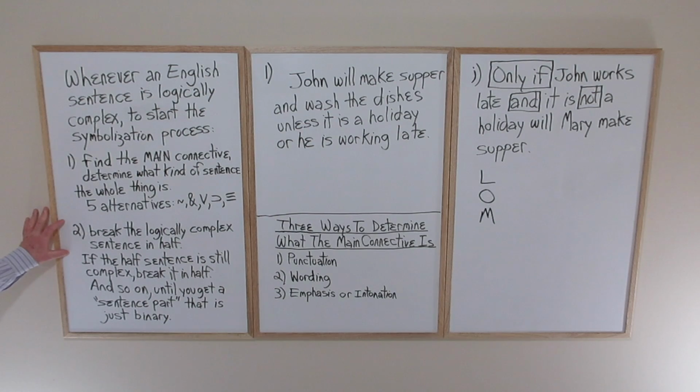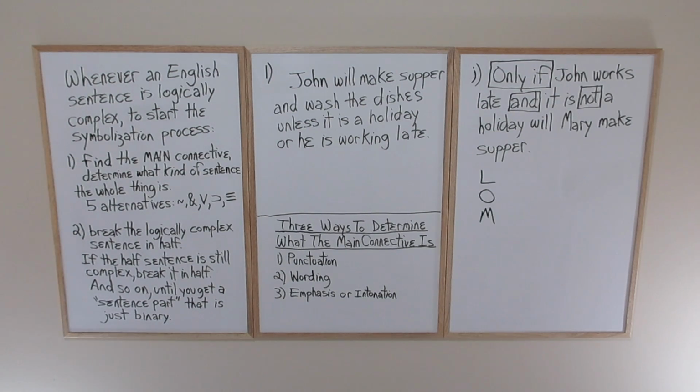Another way of looking at this, though, that many people find helpful, when you're beginning the symbolization process, break the logically complex sentence in half. What you'll be doing here is connecting the two halves by the main connective.